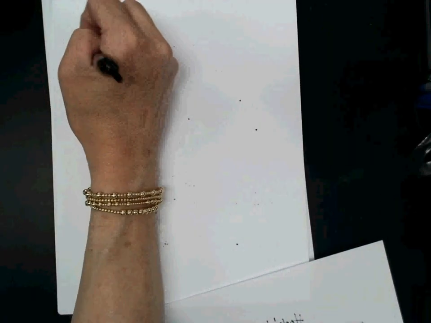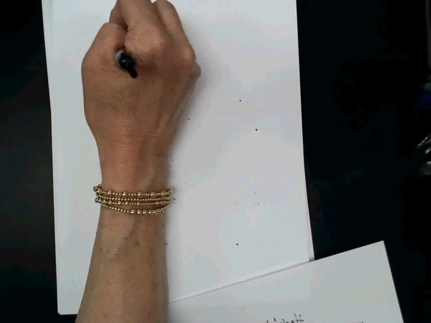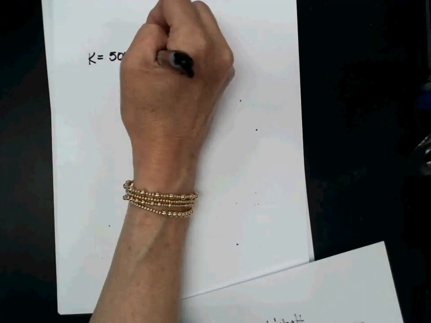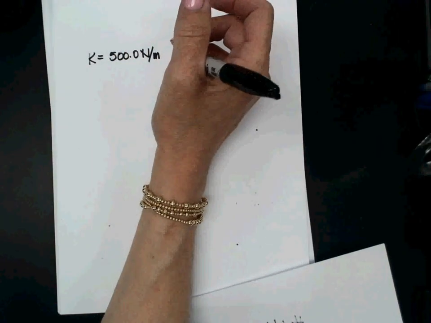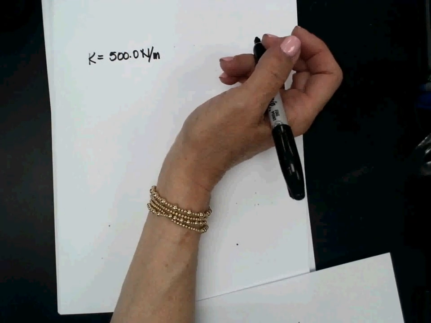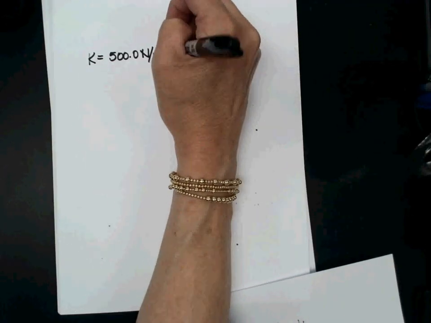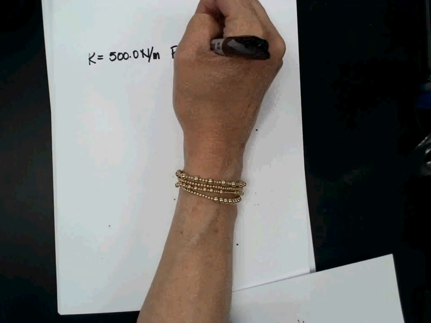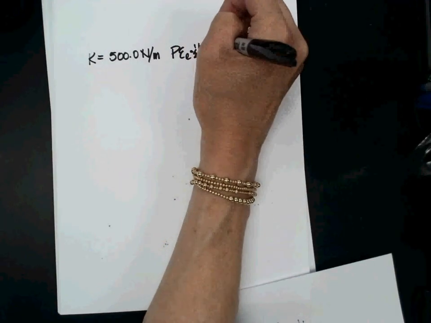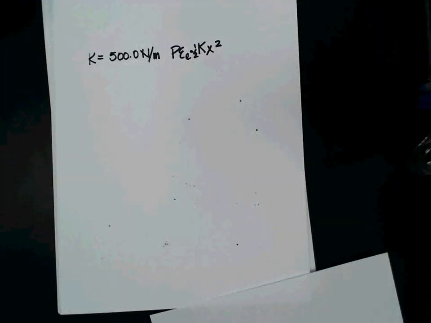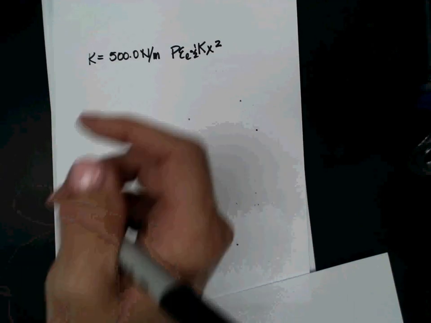So let's look at example 1. A spring has a constant of 500 newtons per meter. Show the energy stored in the spring as follows. PE elastic equals 1/2 K x squared. So all we're doing is proving the formula works.